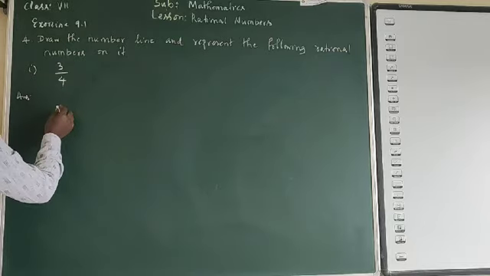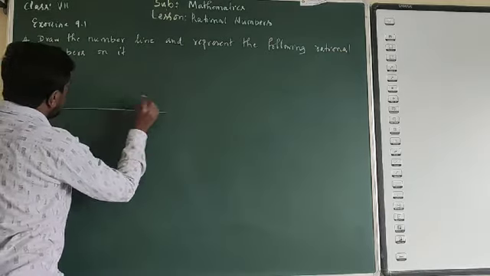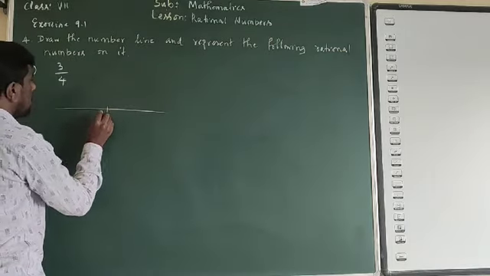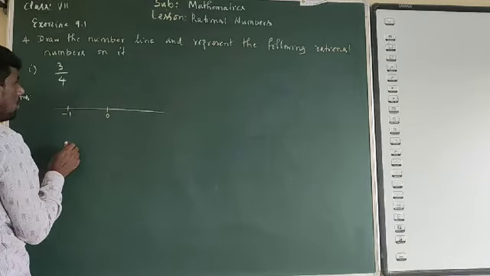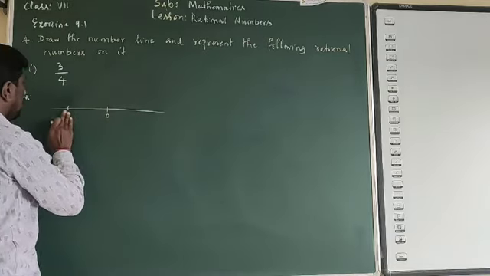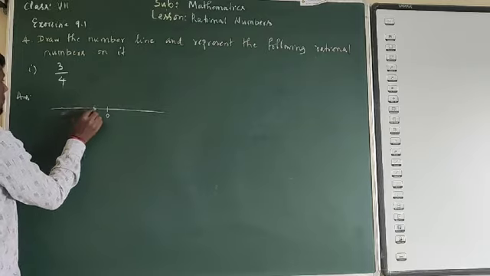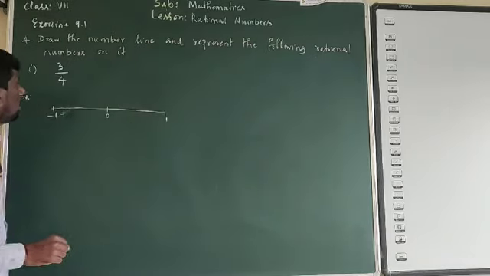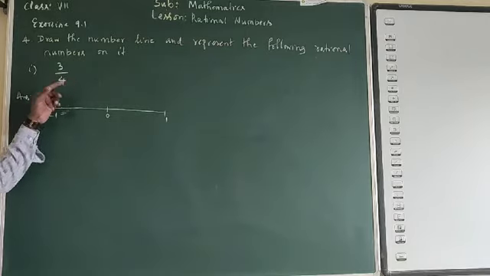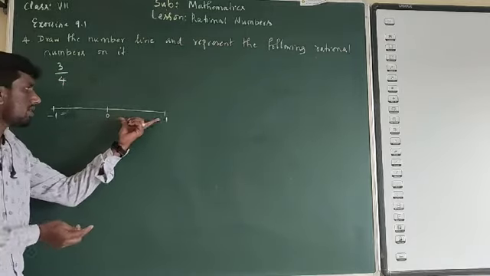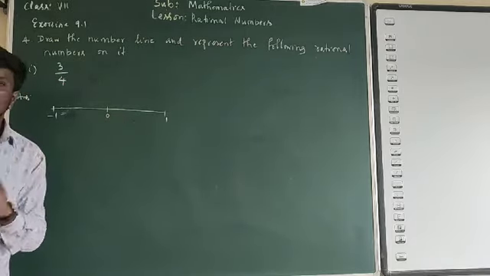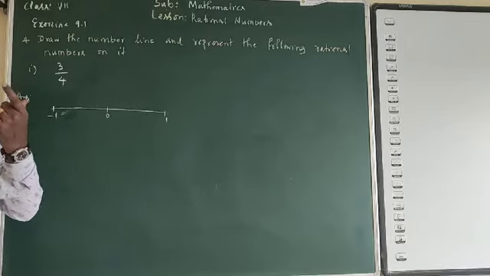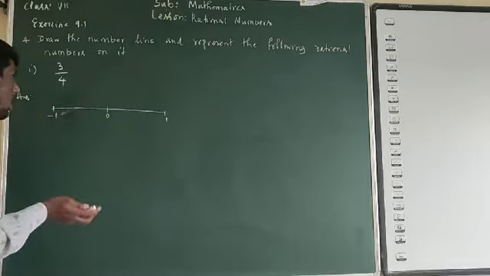3 by 4. So I will draw a line. Since I have positive numbers, I will write 0. Let me represent -1 also, and this is +1. Look at this. The denominator is 4. That means each interval is divided into 4 equal parts.